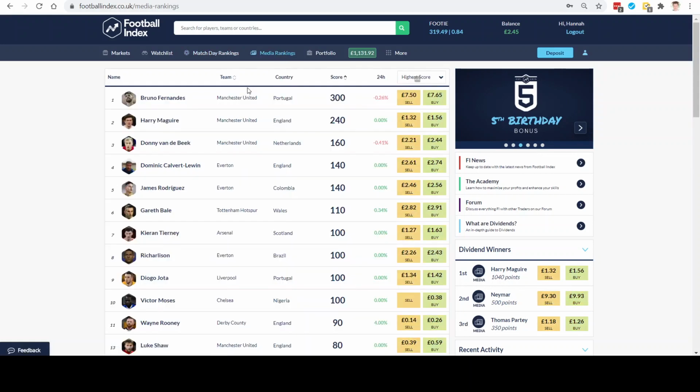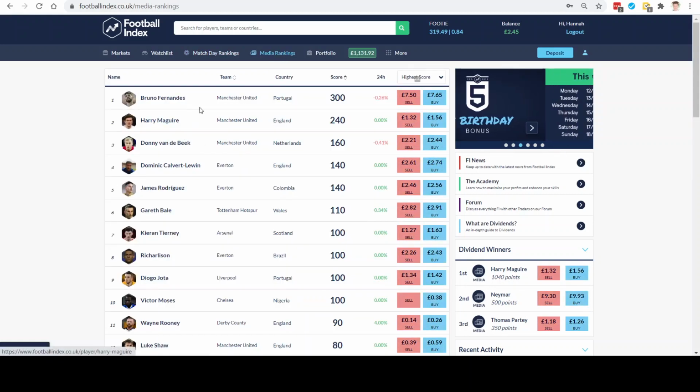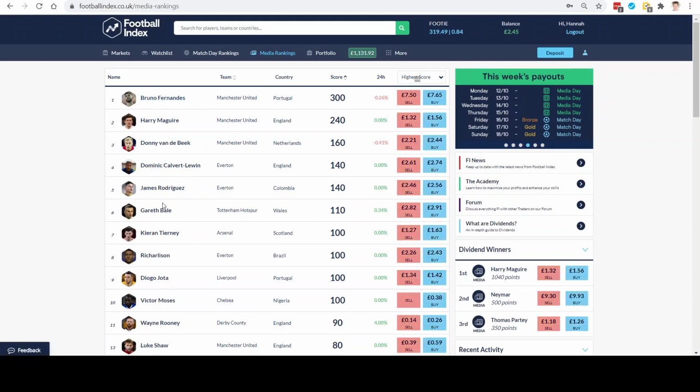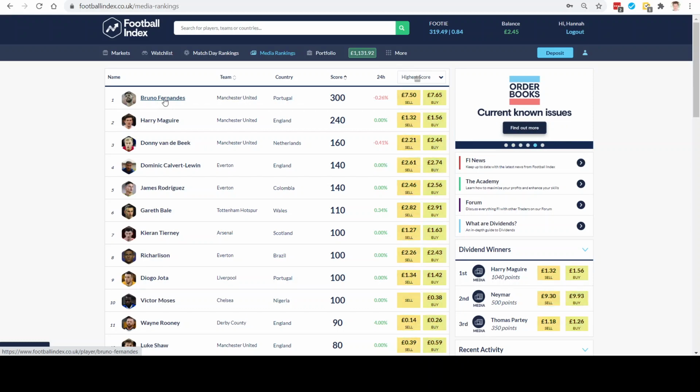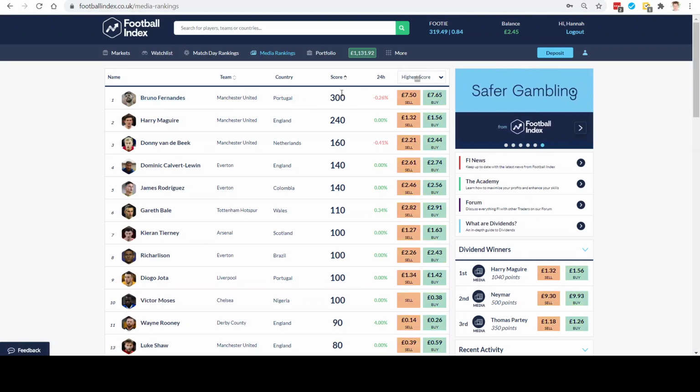Now the media rankings is something that's on 365 days a year, and it's the live rankings of football articles that players get positively mentioned in world news outlets. So at the minute, as you can see here, Bruno Fernandes is currently top with a score of 300.